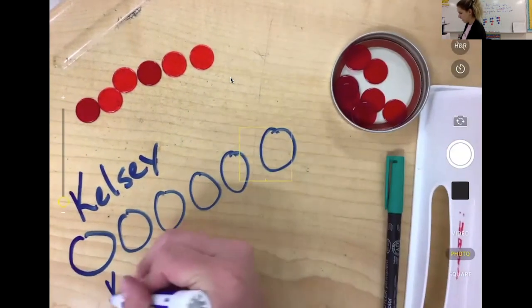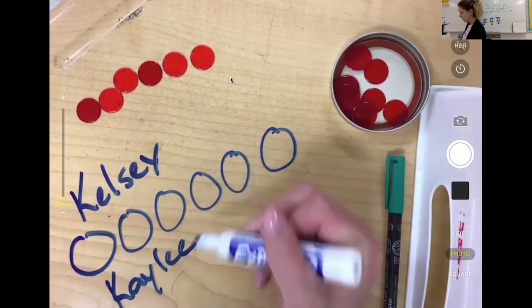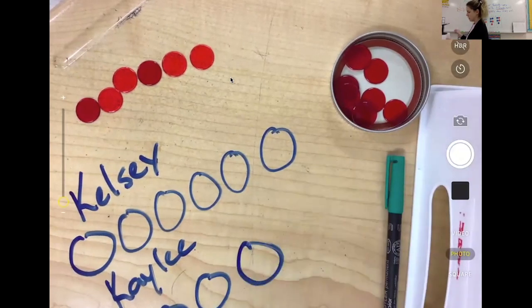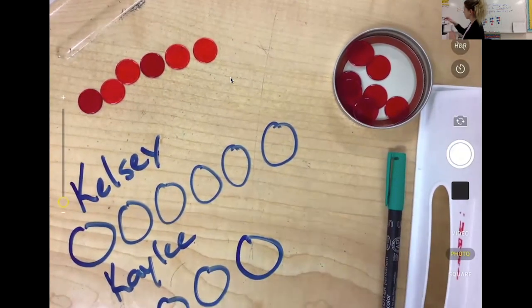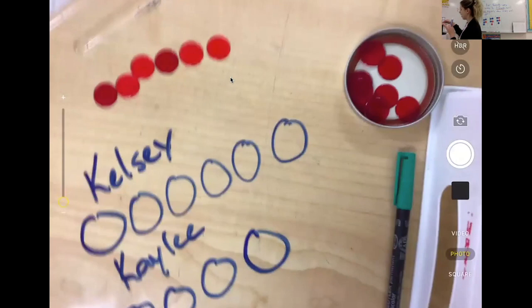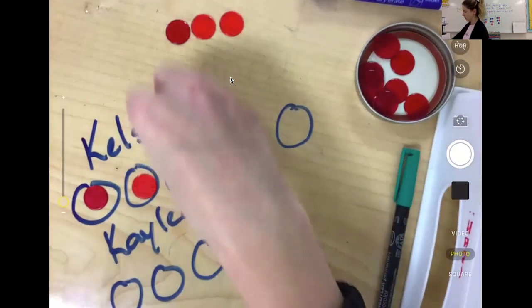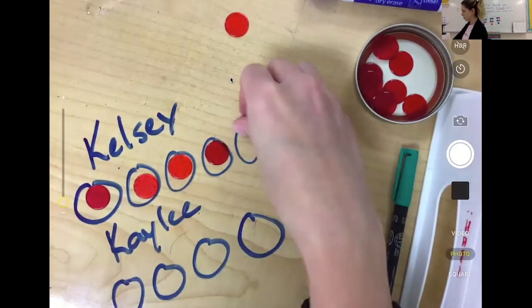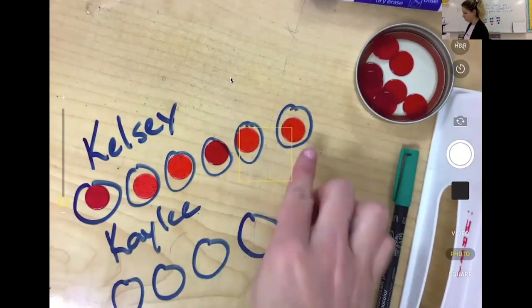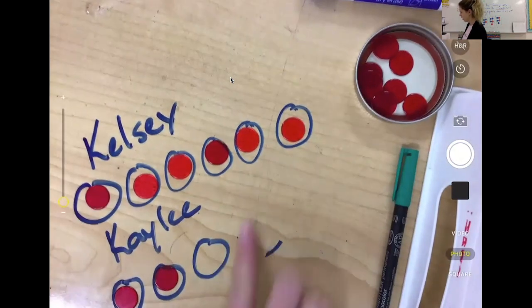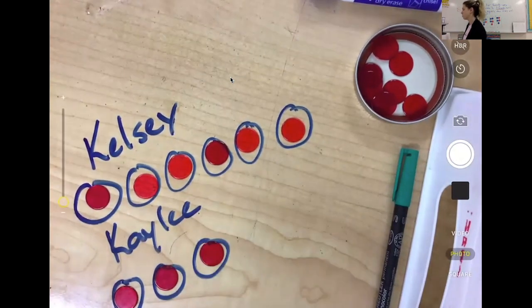And let's say Kaylee is dividing her 6 candies into 3 piles, really small piles. Okay, so let's do Kelsey's first. So Kelsey has 6 candies. And how many are in the piles? 1. Now Kaylee has 6 candies. Oh, I meant 3. Sorry, I drew an extra circle. I didn't mean to.